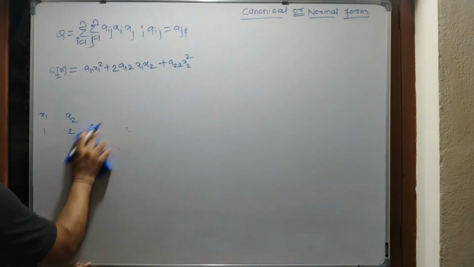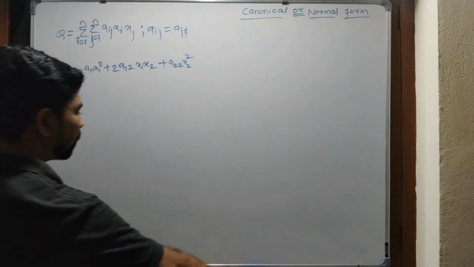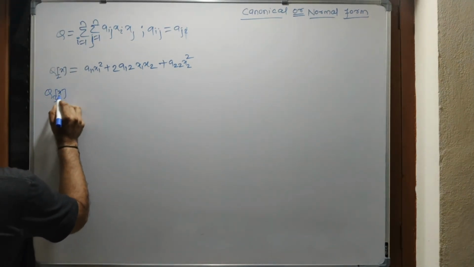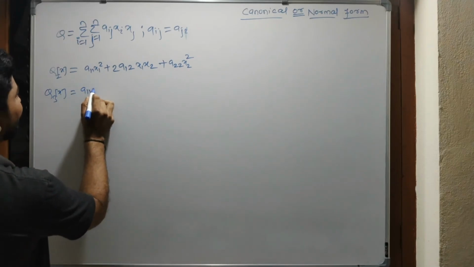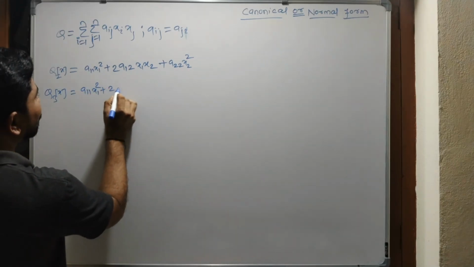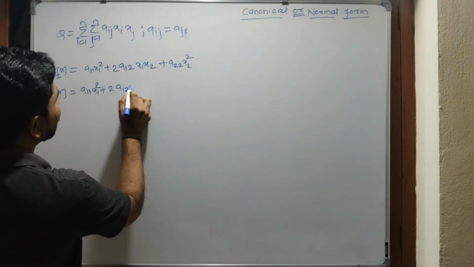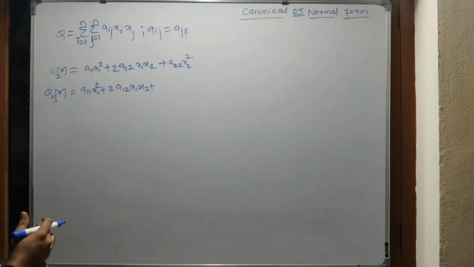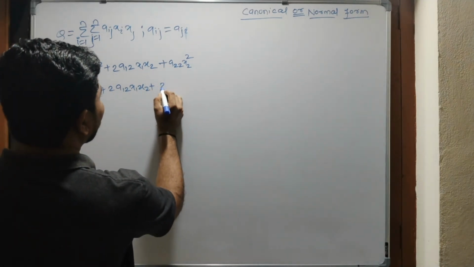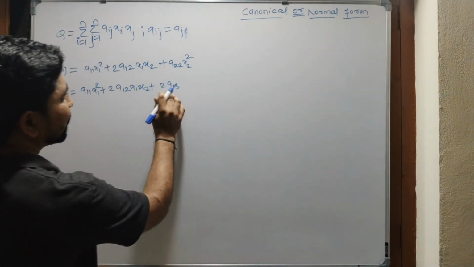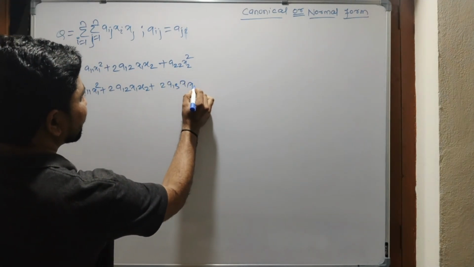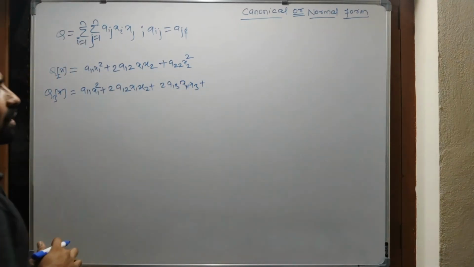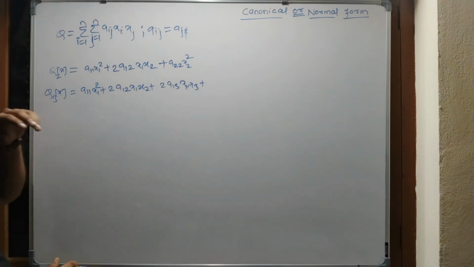Now in the same way, how to write the quadratic form in three variables. Let's say Q3 of x, which is equal to a11 x1 square plus 2 times a12 x1 x2 plus, for the third case, 2 times a13, which is the same as a31, times x1 x3, plus.